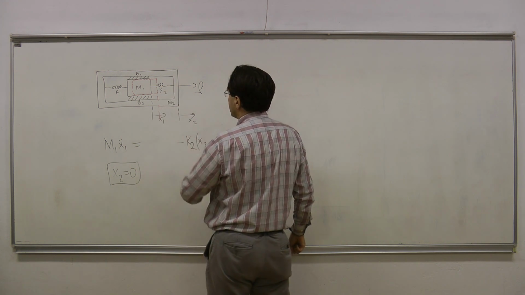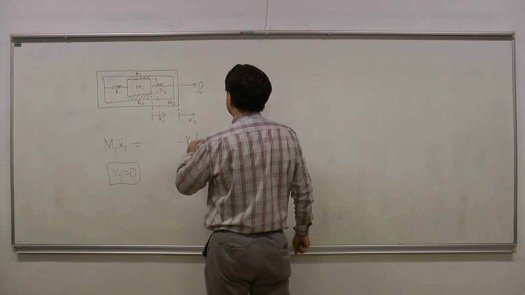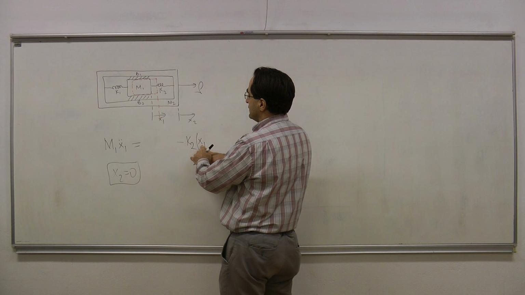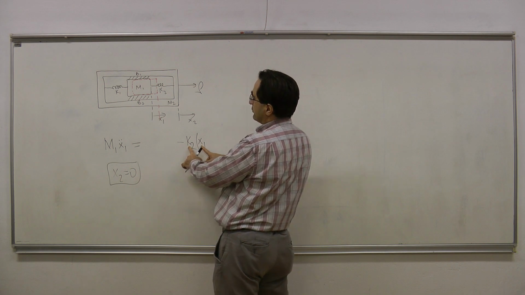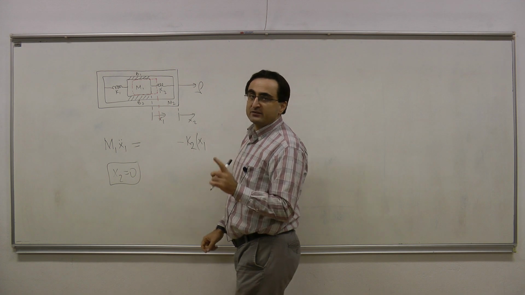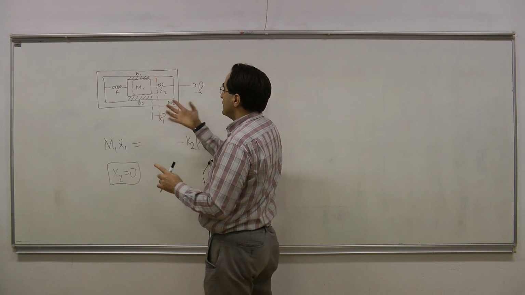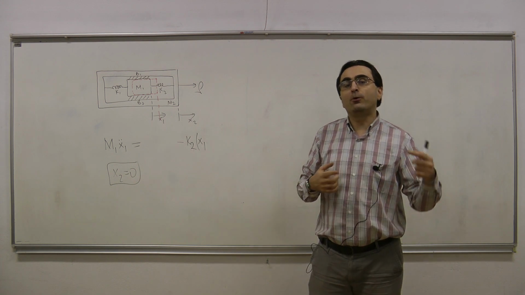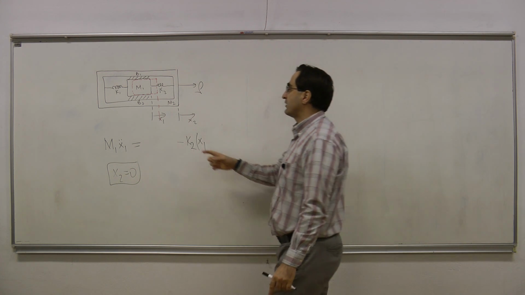Sorry, this is going to be x1, of course. So here x1 is positive and k2 is positive, so minus k2 x1 becomes a negative force. And what does a negative force mean? It means a force in the opposite direction of increasing x1.